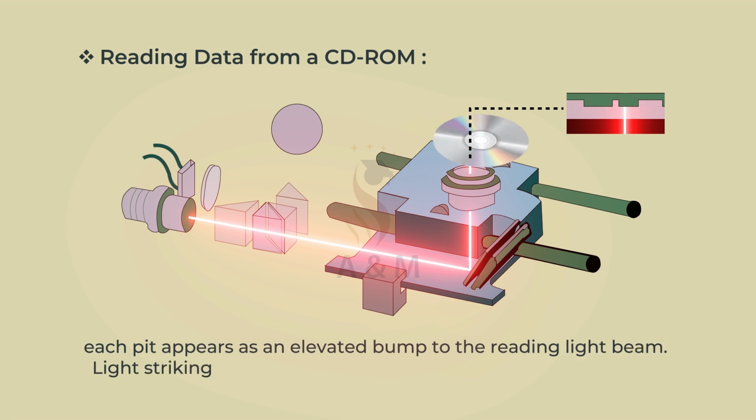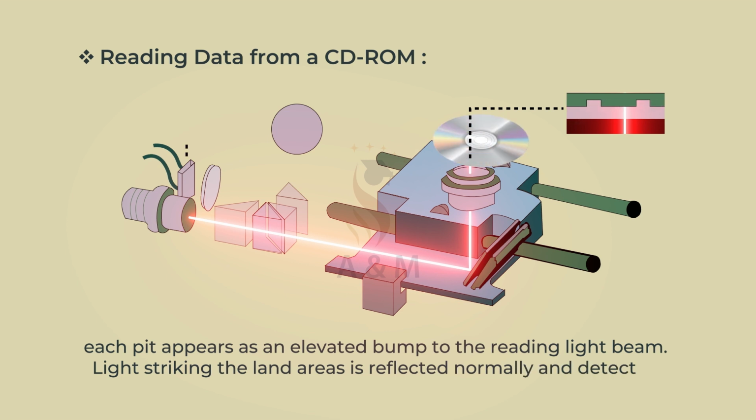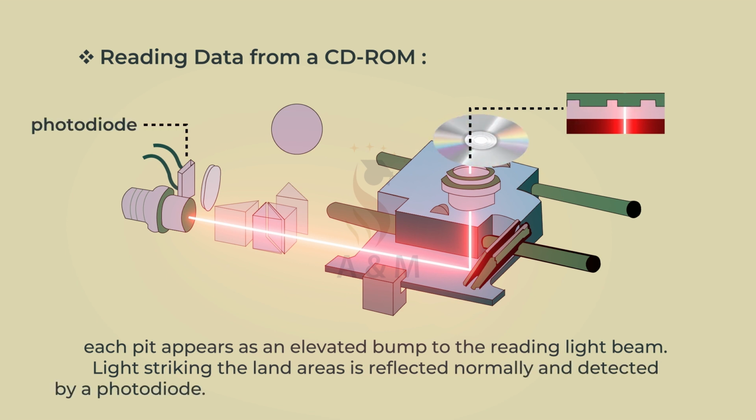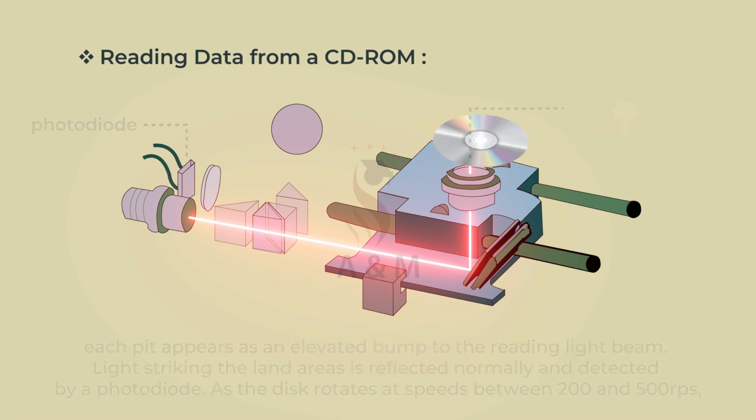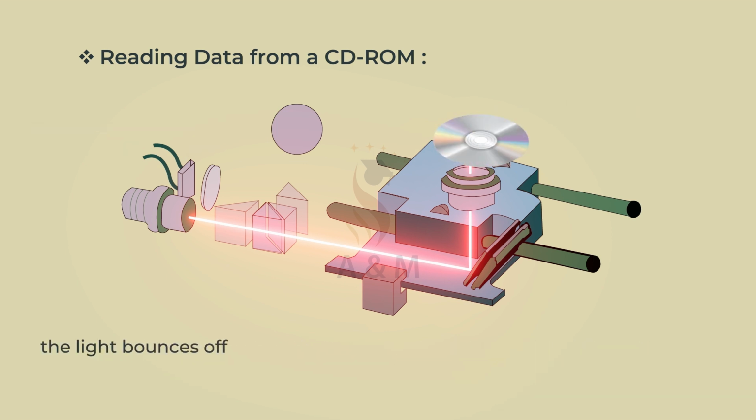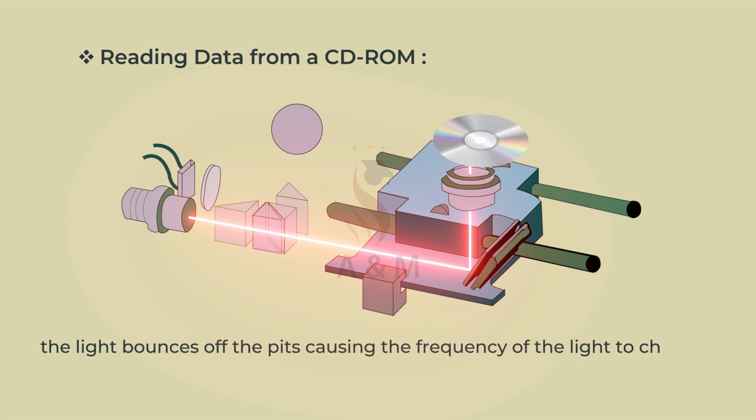Light striking the land areas is reflected normally and detected by a photodiode. As the disk rotates at speeds between 200 and 500 rotations per second, the light bounces off the pits, causing the frequency of the light to change.